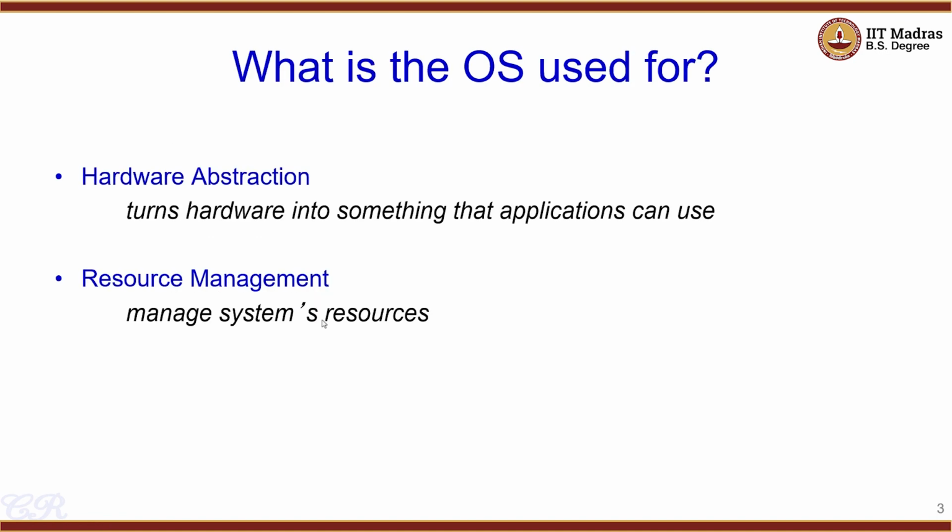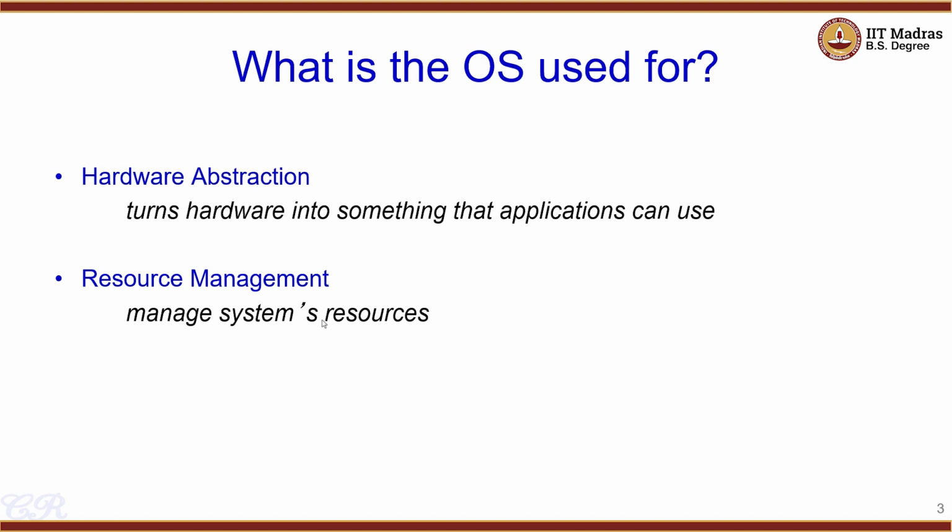Just a quick reminder, in the last class we had a slide which said that the main use of an OS is for two reasons. One is to provide hardware abstraction, so that the nitty-gritty details about the hardware are abstracted from a programmer.